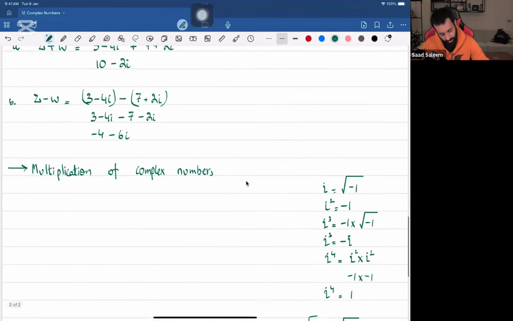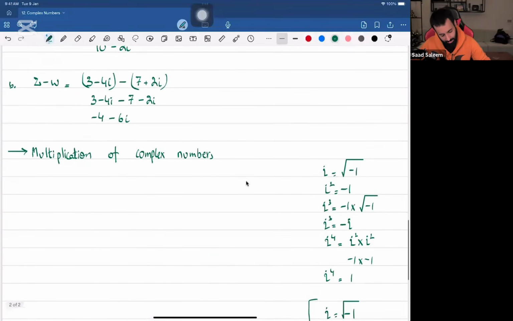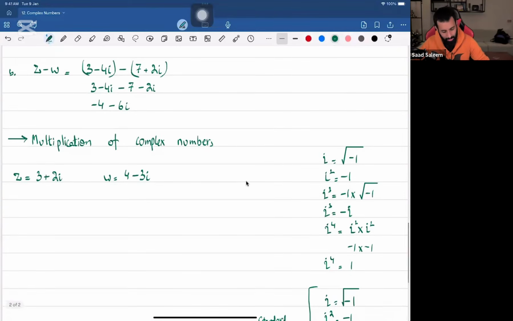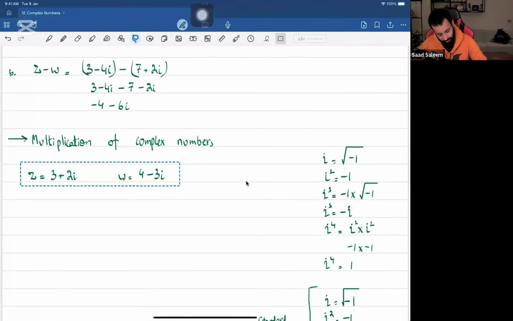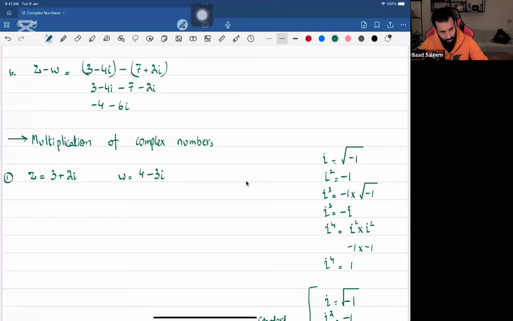So let's say that you have, once again, z equal to 3 plus 2 iota, and w equal to 4 minus 3 iota. This is question number 1, the first example of multiplication, and you have to find ZW.